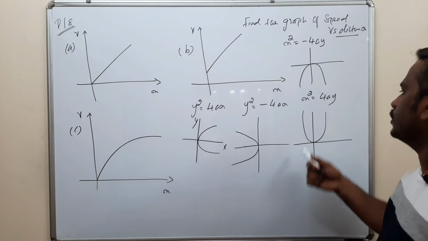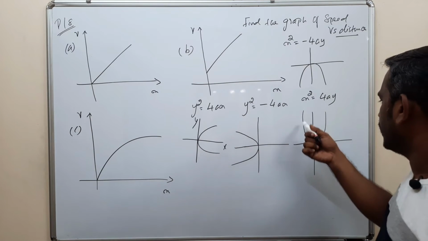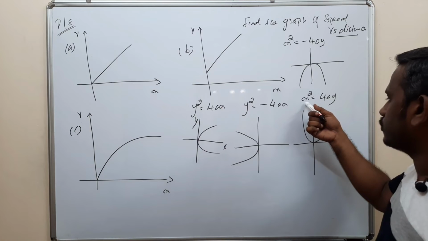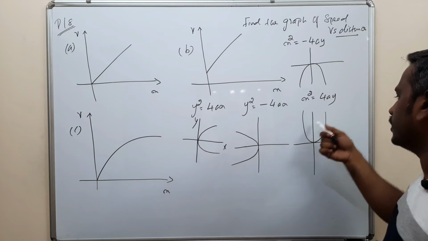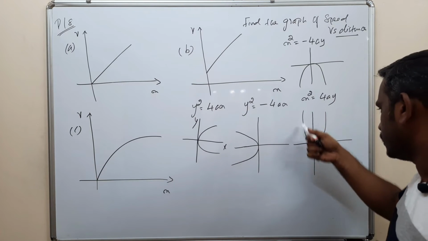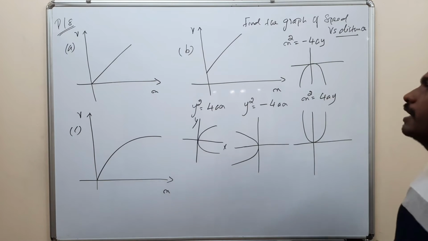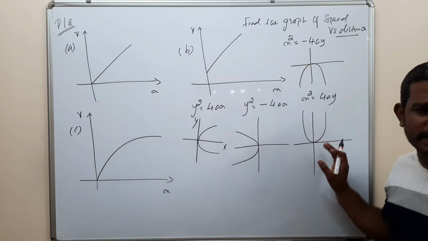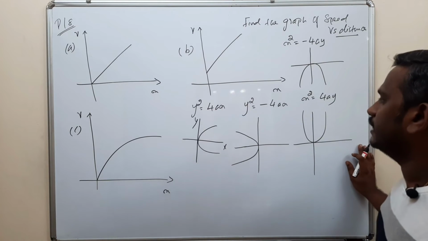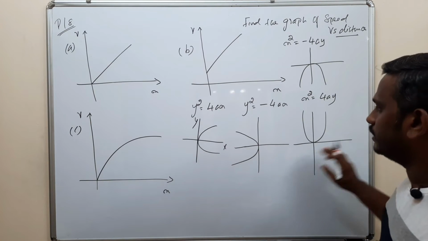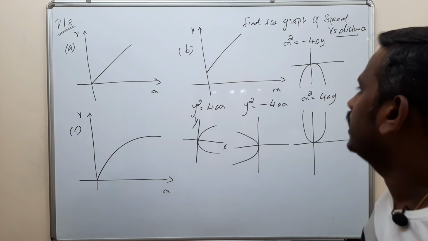So x square is equal to 4ay. With the square term in x, 4ay means the parabola is along the y axis. X square is equal to minus 4ay means the opposite parabola. So you have to remember these 4 standard parabolas and their corresponding equations.